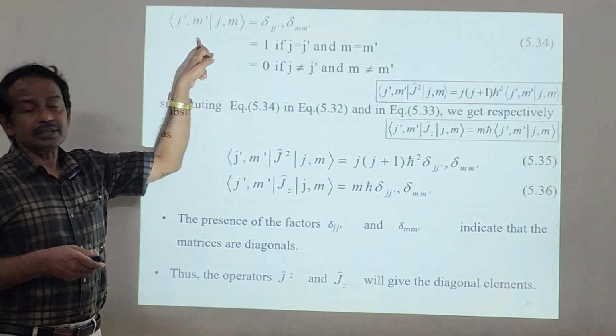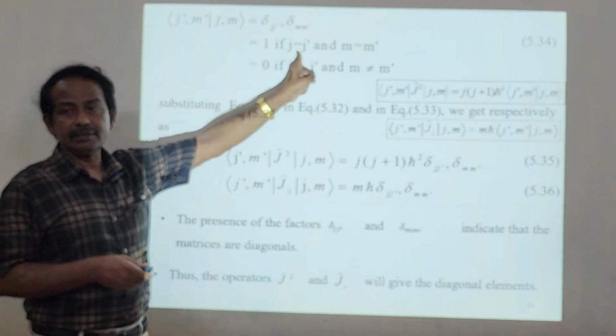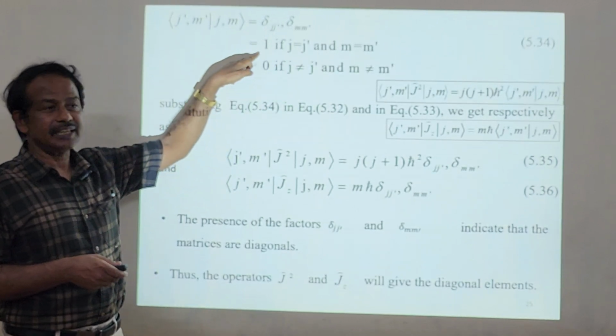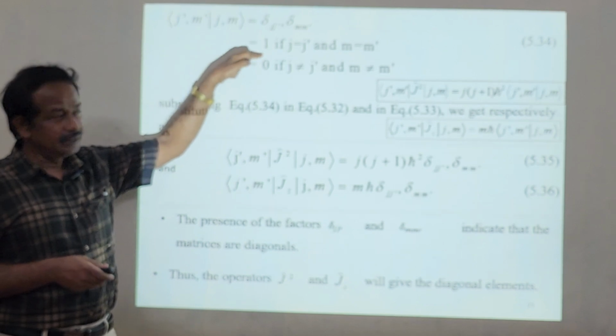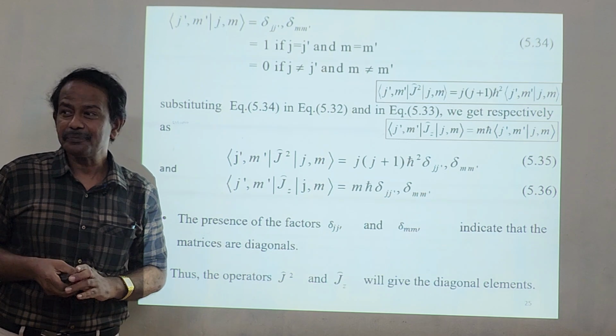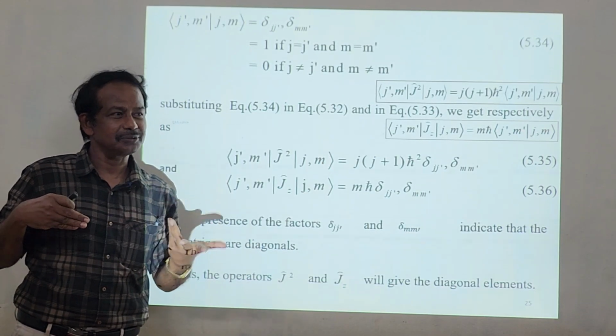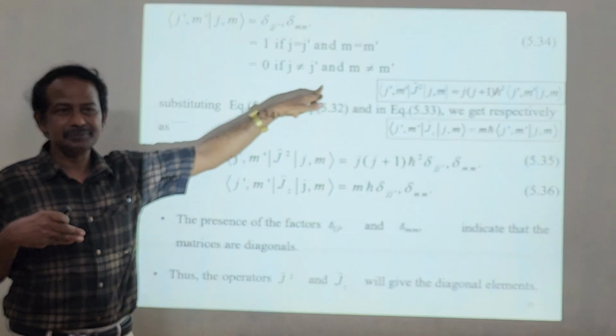So we have to use the Kronecker delta function, and we have used the Kronecker delta function. If J equals J dash and M equals M dash, you will get the answer as 1. If it is not equal, the answer is 0. So the off-diagonal elements will be 0.